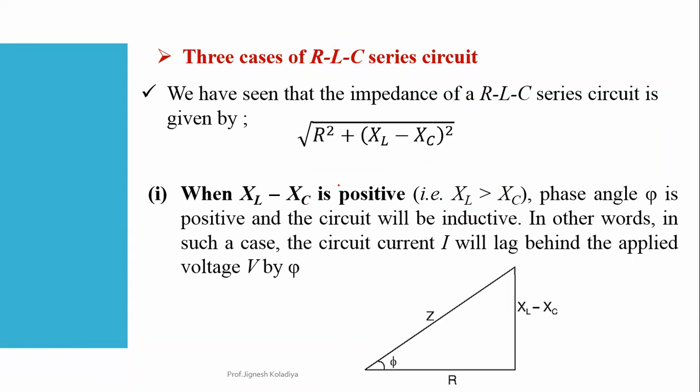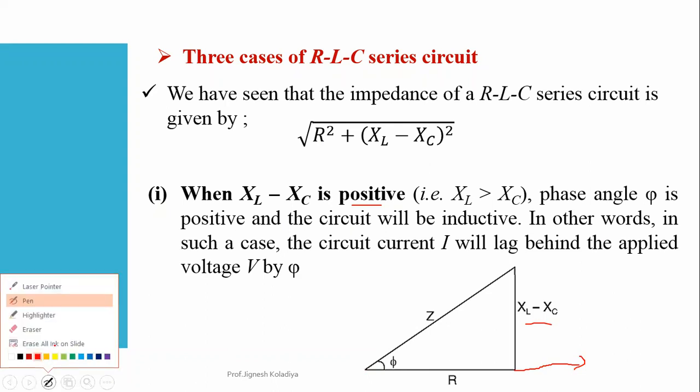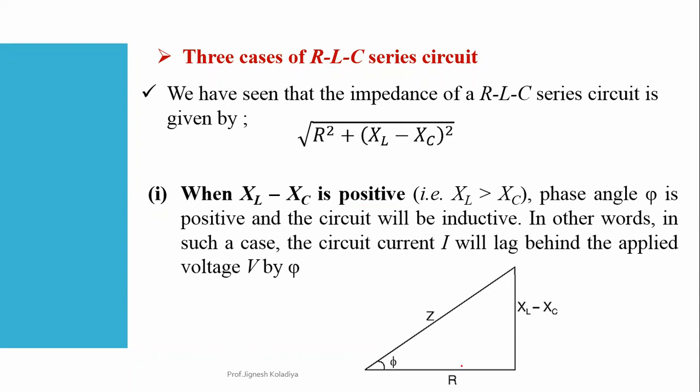Okay. So in the first case, when XL minus XC is positive, I can draw it like this on the positive side. You can just take current as a reference, but right now this is the impedance triangle, and that's why all the quantities are represented in terms of resistance, reactance, and impedance only.